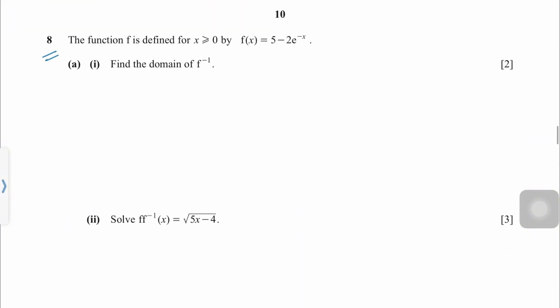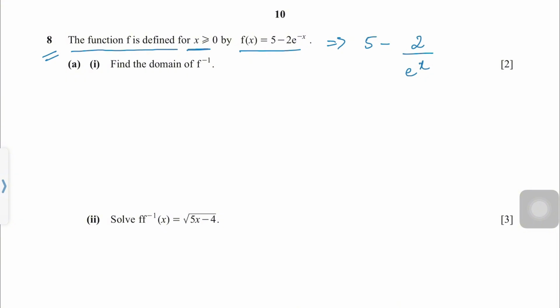Now moving on to question 8, we have the function defined for x greater than 0. The x should be greater than 0, by f(x) equals 5 minus 2e to the power minus x. Let's simplify it a little bit to get it as 5 minus 2 over e to the power x.